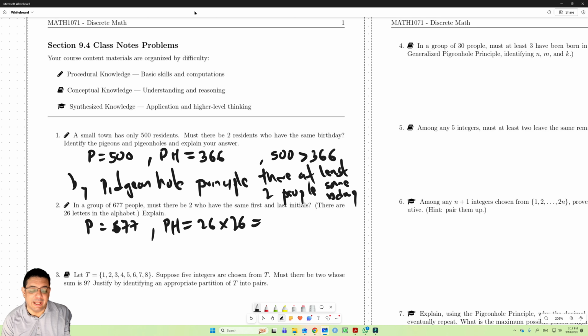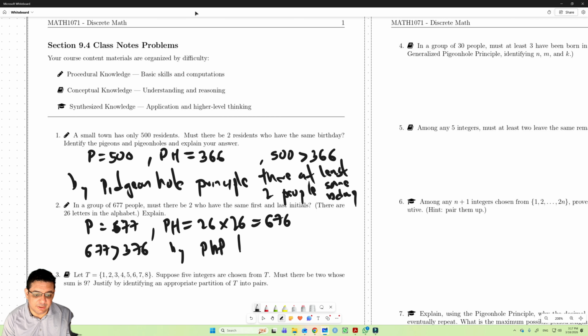So for example, A and A or A and O as initials. So 26 by 26 is going to give me 676. That's close, but we still have that 677 is bigger than 676. And so by the pigeonhole principle, there is at least two people with the same initials.